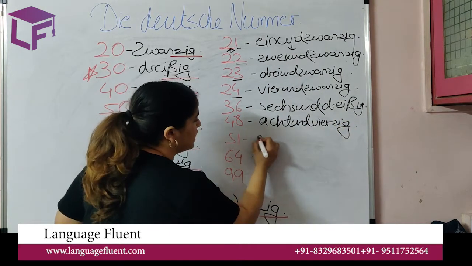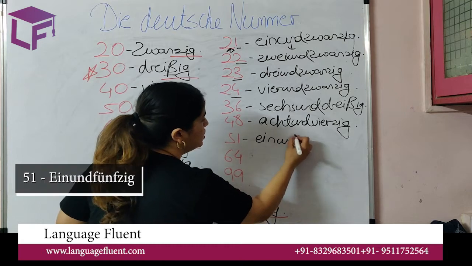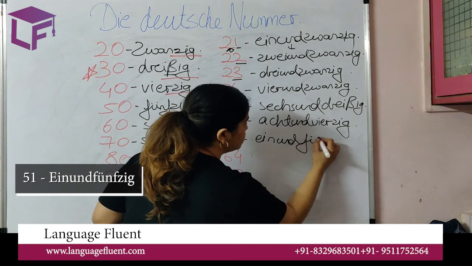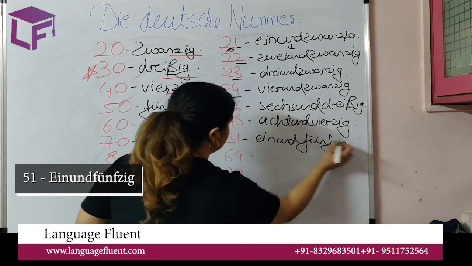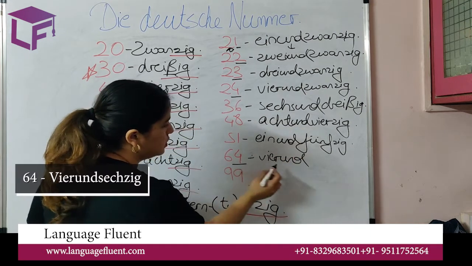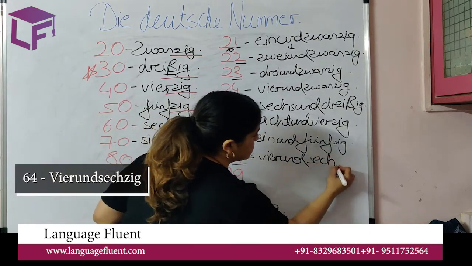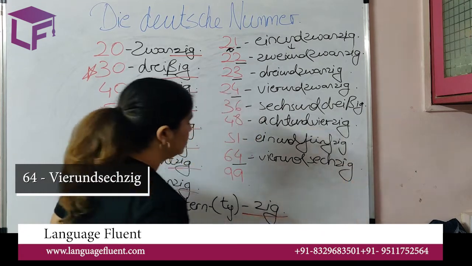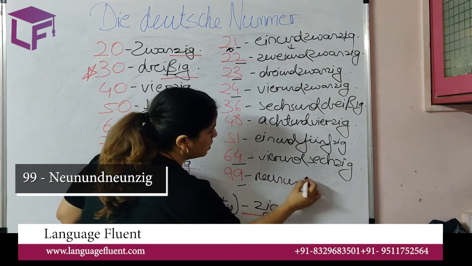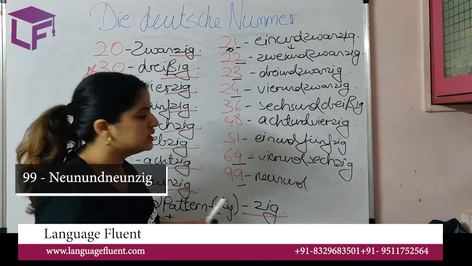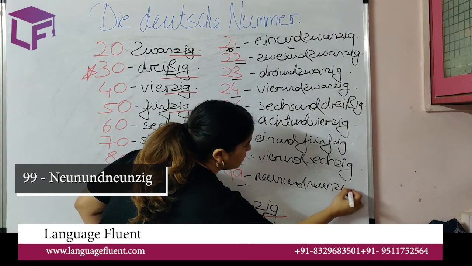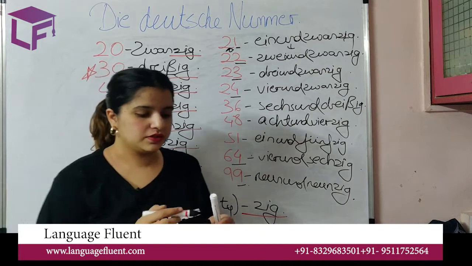51, ein und 50. 64, 4 und 60. 99. First 9, so 9 und what is 90? 90, so 9 und 90.